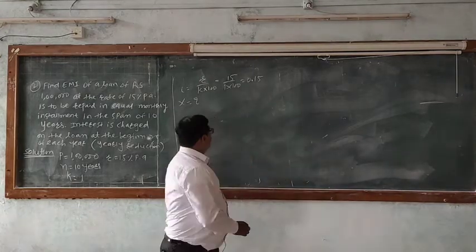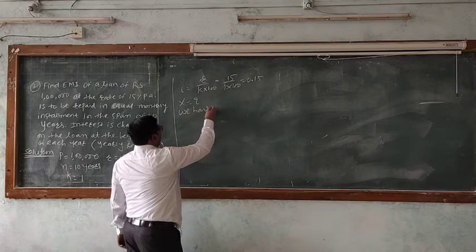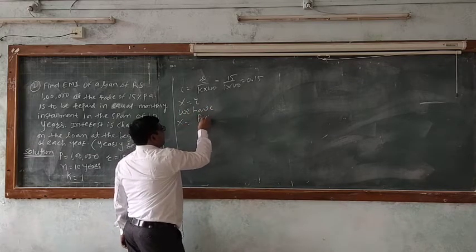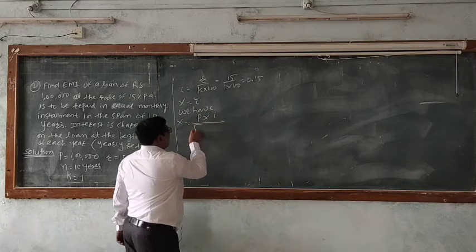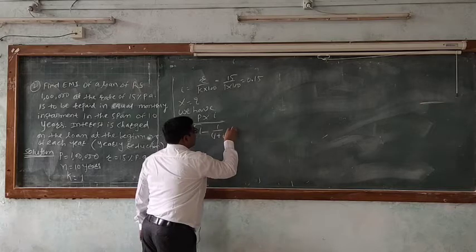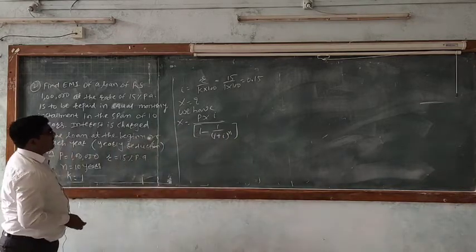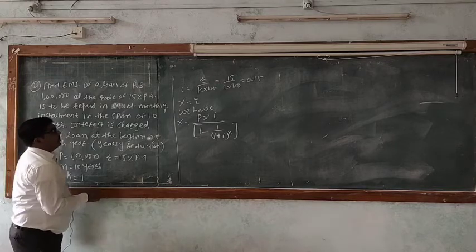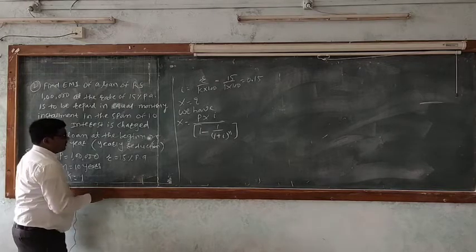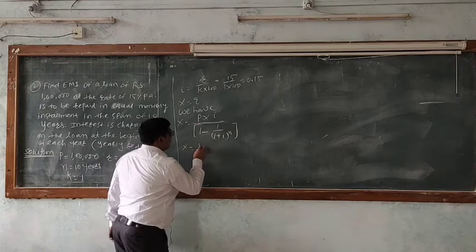So we have X equal to P into I upon the bracket 1 minus 1 upon 1 plus I raised to power n. One thing is left, what is that? N. So X equal to, what is P? P is 1 lakh.